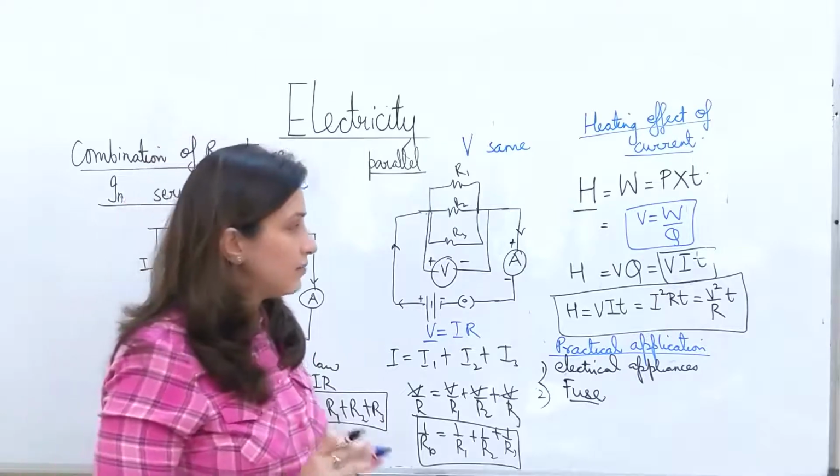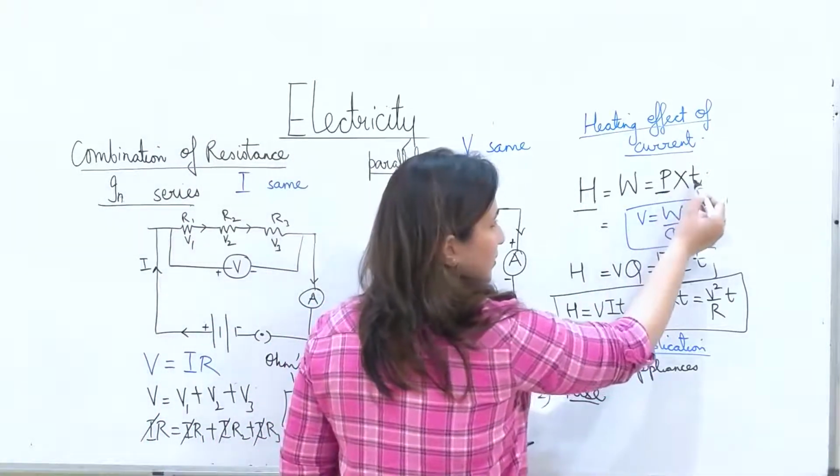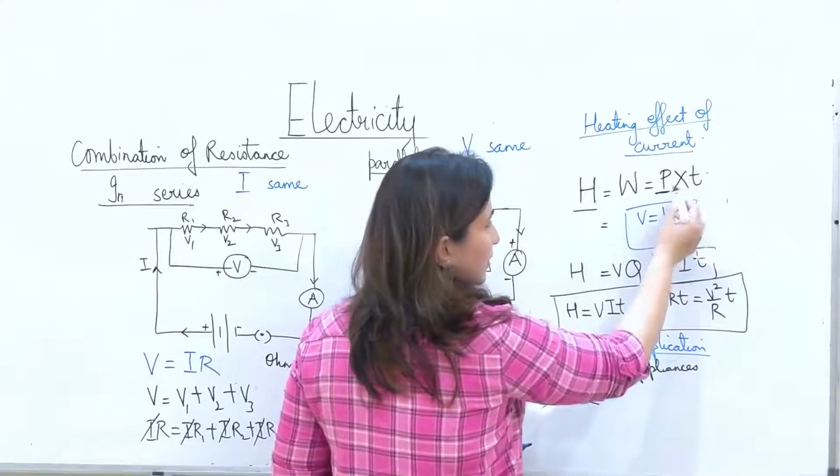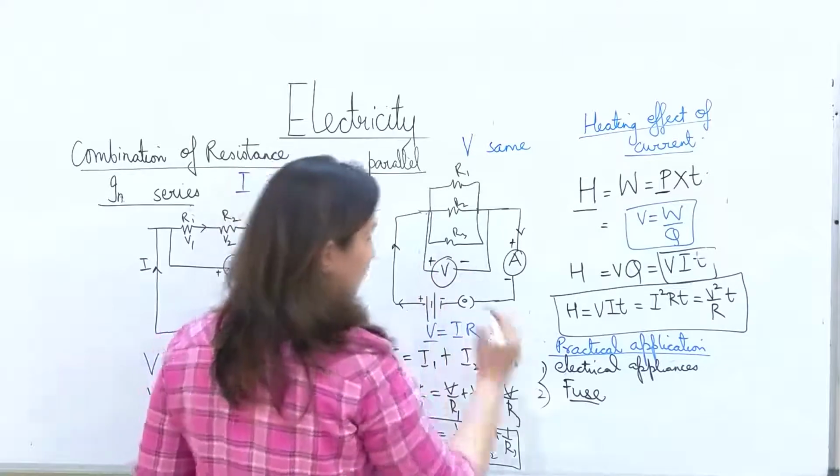Now we are left with a very simple topic, that is power. In case of power, you need to divide work done by time. So I will tell you the formula for power.